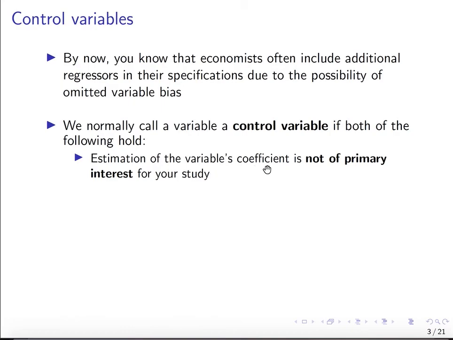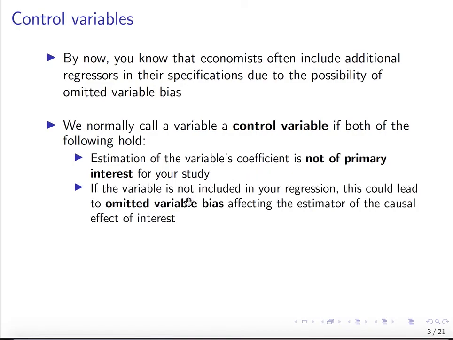If I care about schooling on wages, I don't care about socioeconomic status. I care about the socioeconomic status of the parents only because that may be an omitted variable bias. And if it's omitted and I don't have a controlled experiment that gives me expectation of u_i given x_i equal to 0, then the beta hat I'm going to get is not going to be the right value. It's not going to be the population beta that I'm hoping to estimate with my data.